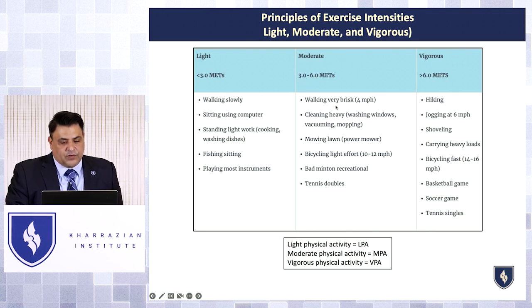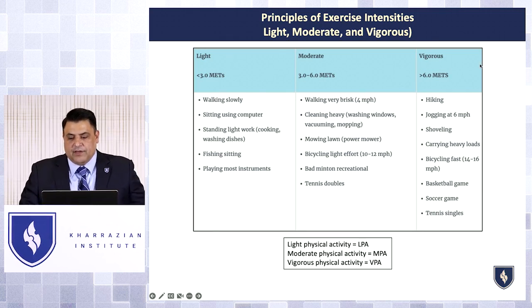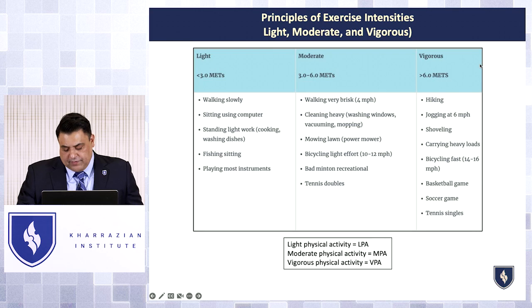Moderate is walking very briskly, heavy cleaning like mopping, shampooing, vacuuming, mowing the lawn, bicycling with light effort, badminton, recreational tennis doubles. And high vigorous activity is hiking, jogging, shoveling, carrying heavy loads. So that's another way you'll see some of this research done on exercise intensities.